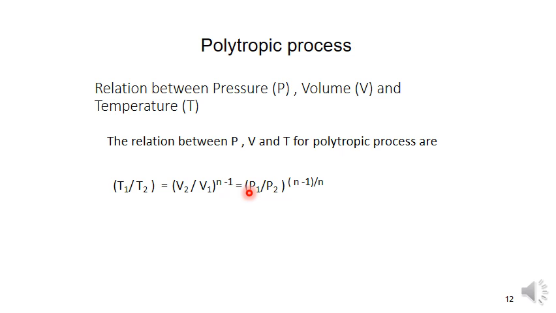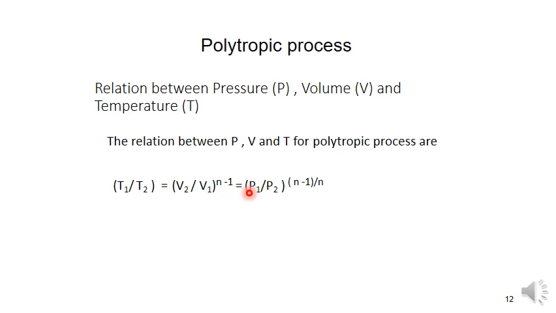This is the work done for the expansion process. Next, for the compression process, W is equal to (P2 V2 minus P1 V1) by n minus 1, or we can write mR (T2 minus T1) by n minus 1.